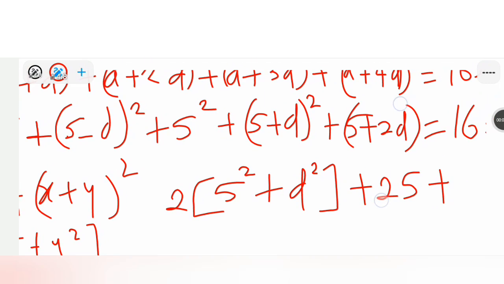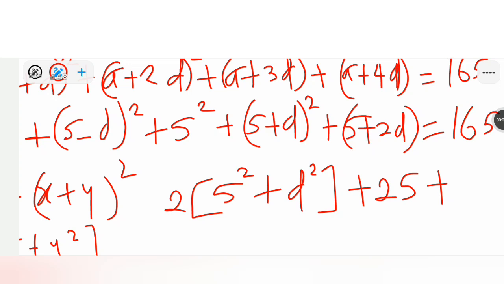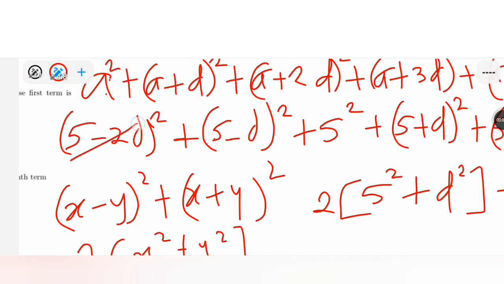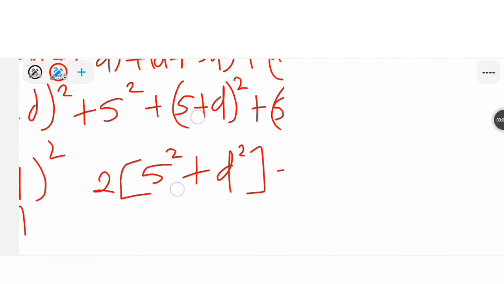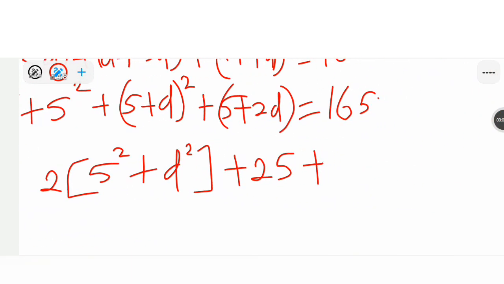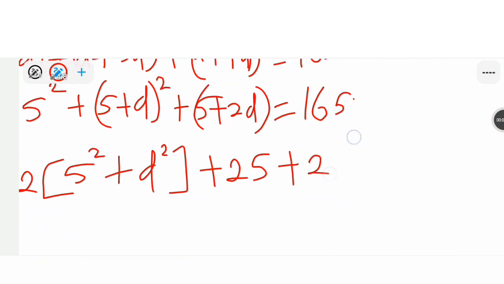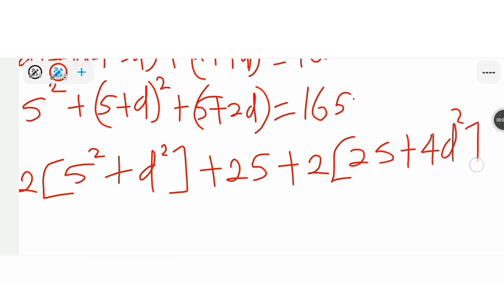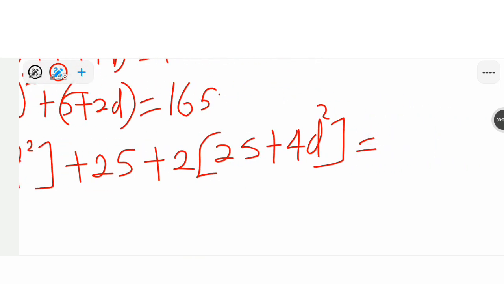Plus, then this one you have 5 plus 2d here, you also have 5 minus 2d here. If you apply this same stuff to it, you're going to have 2 open brackets, 25 plus 2d squared, that will give you 4d squared. So everything is equal to 165.